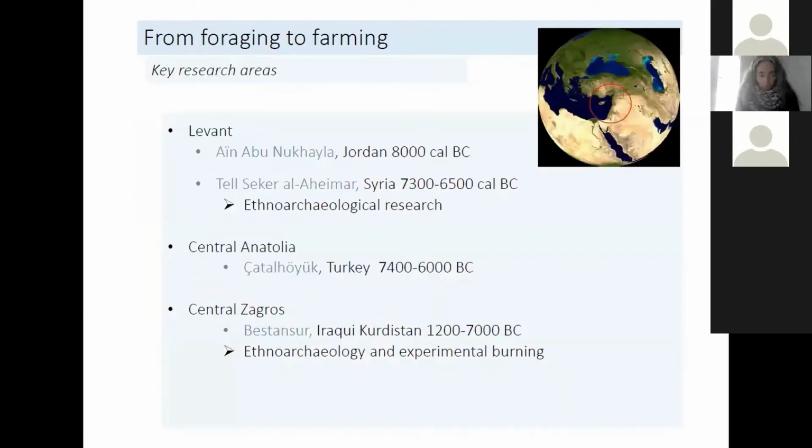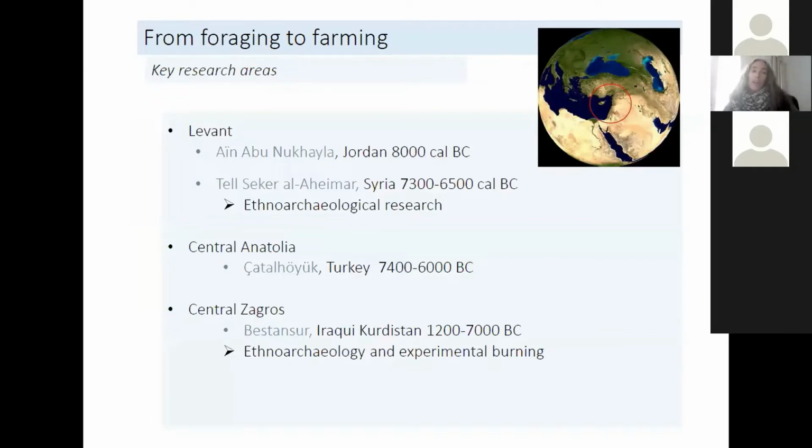So the key research areas where I have been working in the last years are key regions on the origins and spreads of agricultural systems. We'll start with case studies in the Levant, in southern Jordan, also in the Upper Khabur in Syria, and also with examples on ethnoarchaeological research.